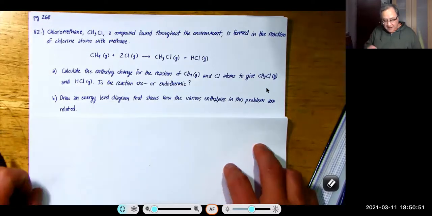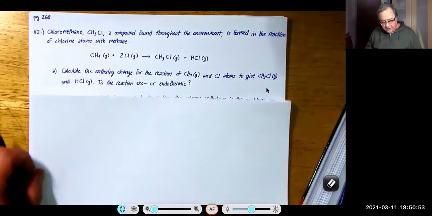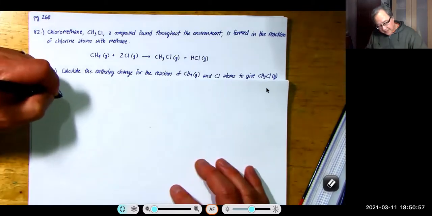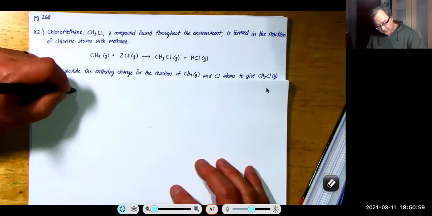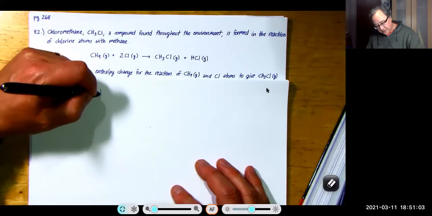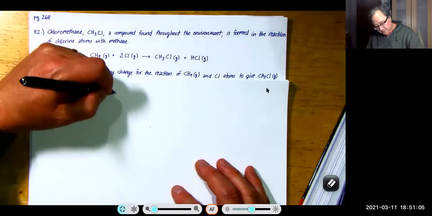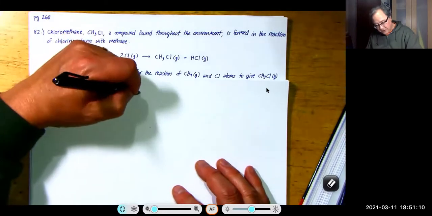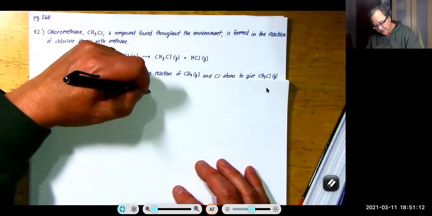So I imagine that they want us to use that equation where the enthalpy of reaction is equal to the sum of the enthalpies of formation of the products minus the sum of the enthalpies of formation of the reactants.